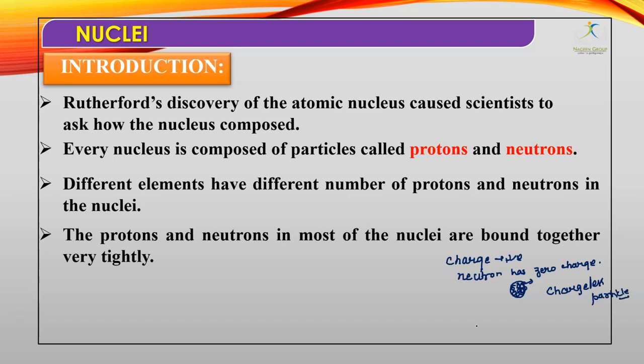But they have some mass. The mass of a neutron is 1.67 × 10^-27 kg, and the mass of a proton is 1.674 × 10^-27 kg. So there is a minute difference between the mass of the proton and the mass of the neutron.